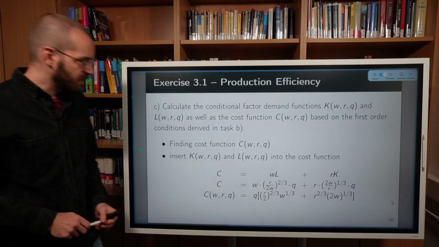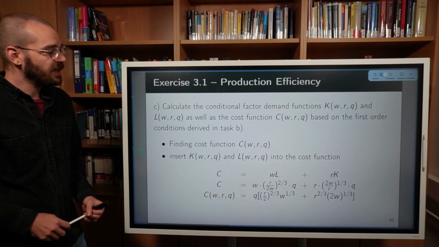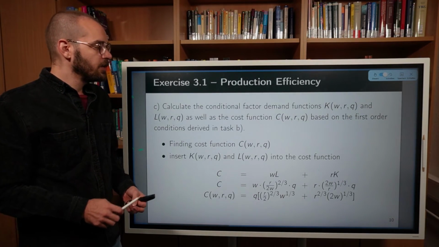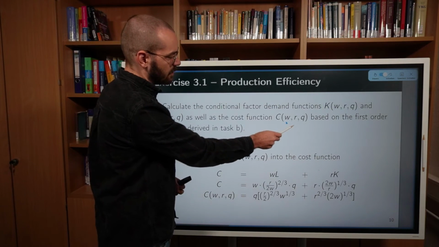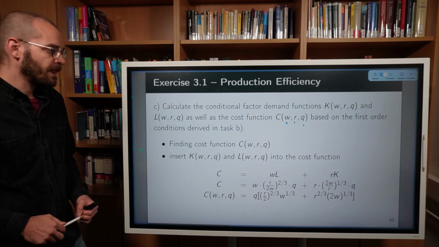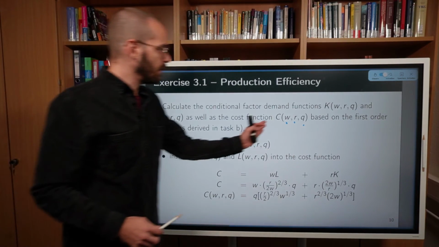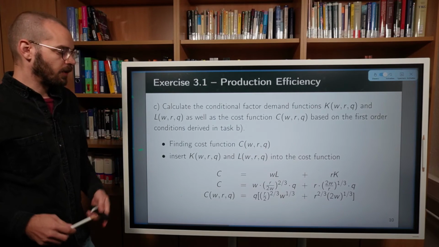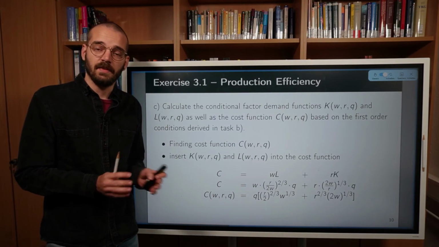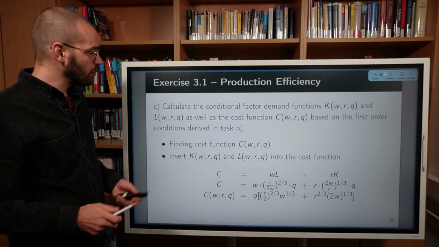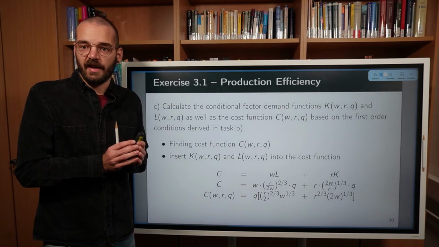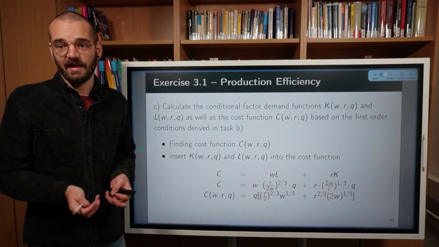Now to the cost function capital C, and again we want the conditional cost function to be a function of the prices of the input factors as well as of the output quantity. So our initial cost function, the cost function that we started the cost minimization problem with, of course was a function of the prices of the input factors as well as the input factors themselves.